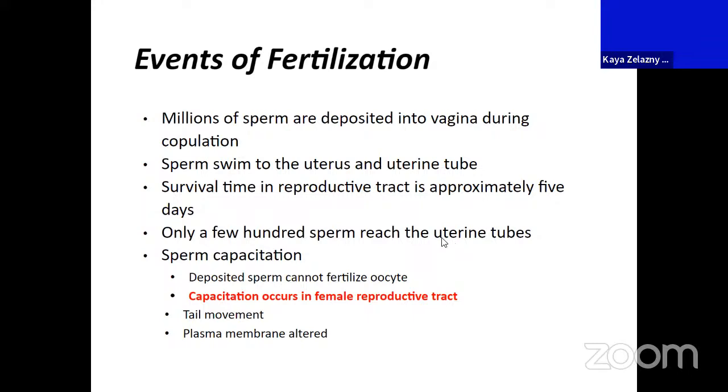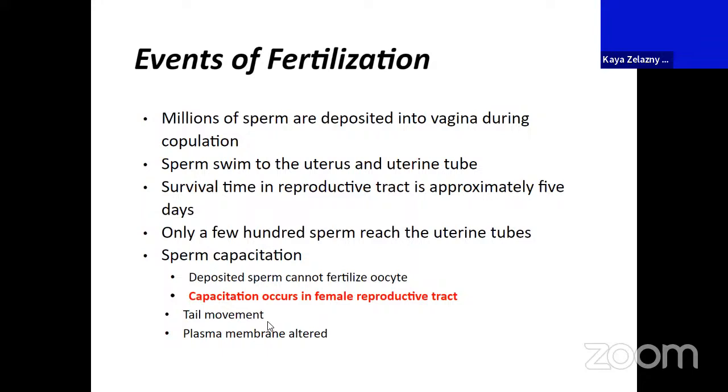Maybe they can then fertilize an egg, but only if they've undergone this process of capacitation. So they have to interact with this different environment in the female reproductive tract to make them viable. And that's changing the movement of their tail.